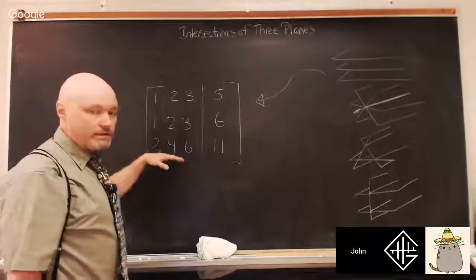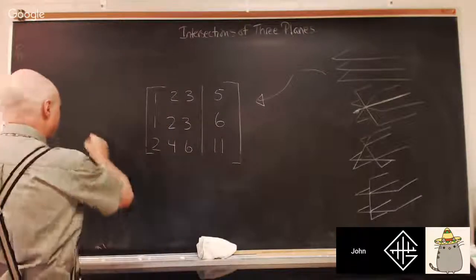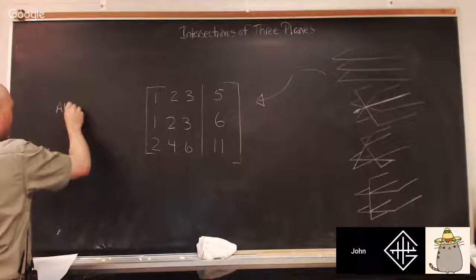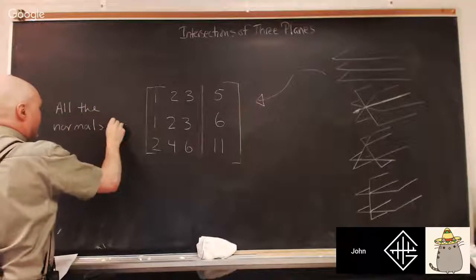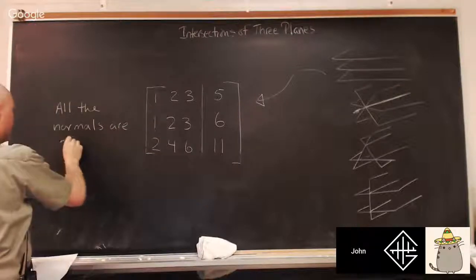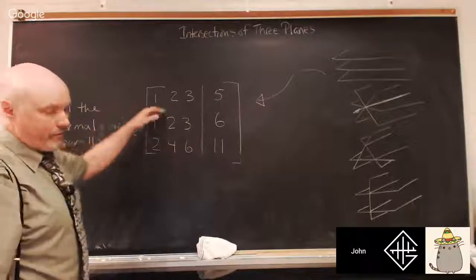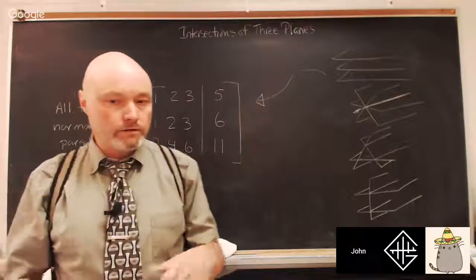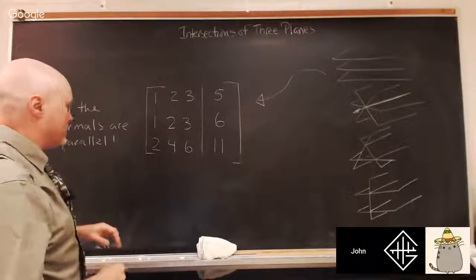I can probably see it kind of trivially by looking at the matrix itself, and I can see all the normals are parallel. Either they're the same normal or they're a scalar multiple of one or the other.